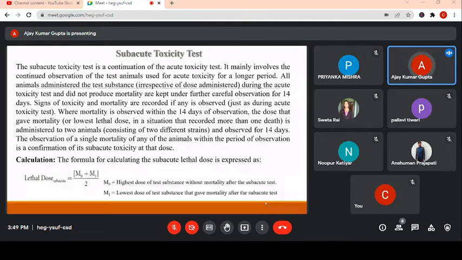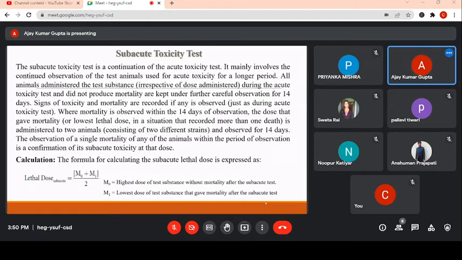So as we had seen in the previous slides, the subacute toxicity test is also the same. The number of animals will continue to be reduced in later phases. So the observation of a single mortality of any of the animals within the period of observation is a confirmation of its subacute toxicity at that dose.